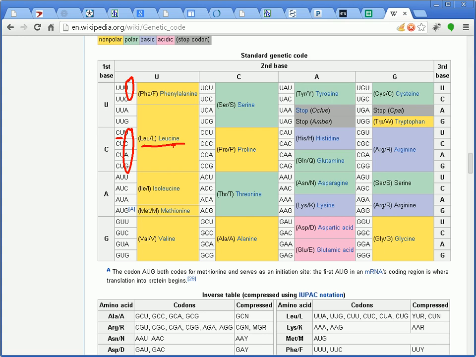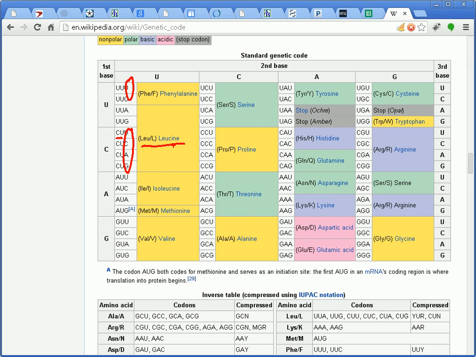And since it doesn't have any functional consequence, it will not have an evolutionary pressure. So if the protein is not changing, the function of the gene is not changing. So it doesn't really add or increase or decrease the fitness of the organism. So more or less, that mutation will appear randomly.